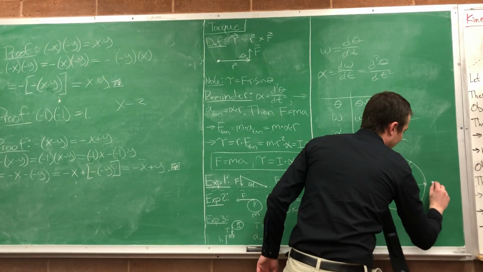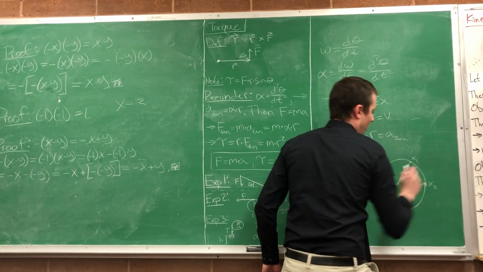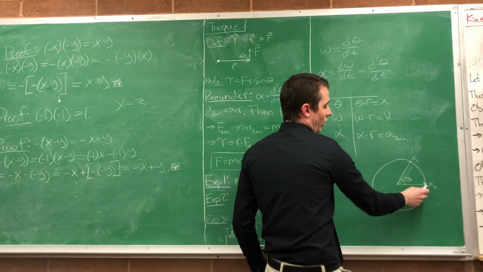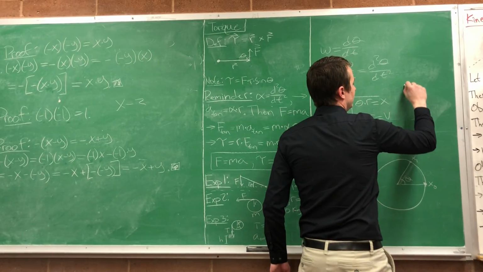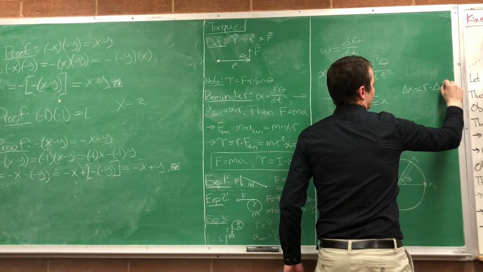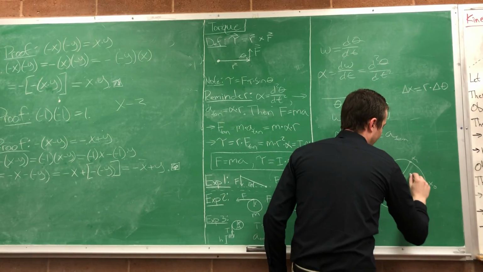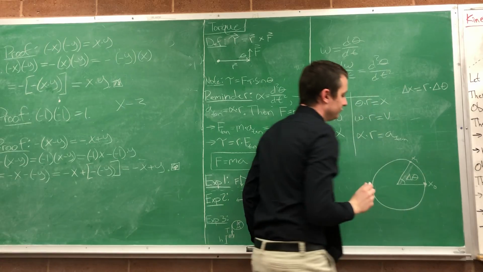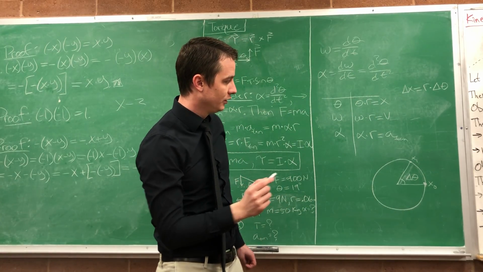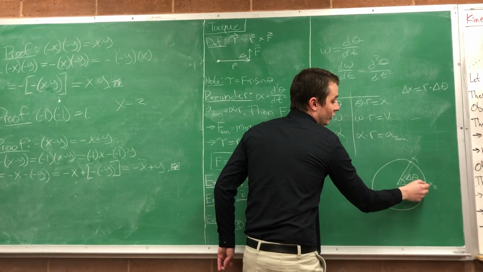If we call this x0 and this x1, then this distance, delta x, is equal to r times delta theta, our change of theta. That gives me the linear displacement.